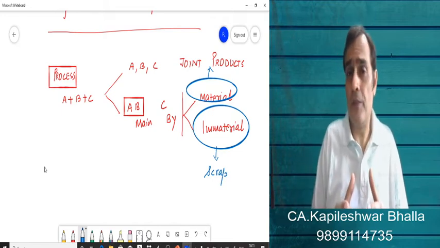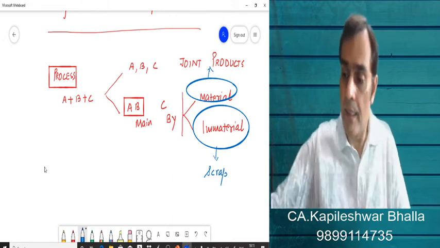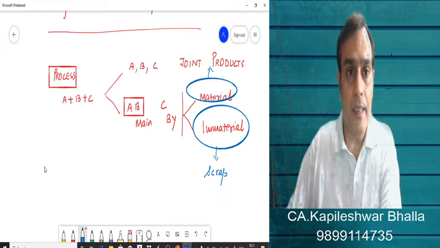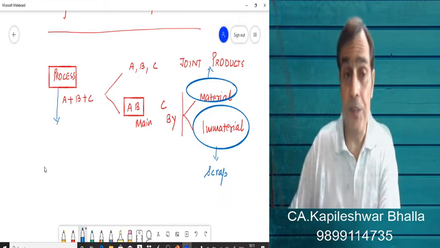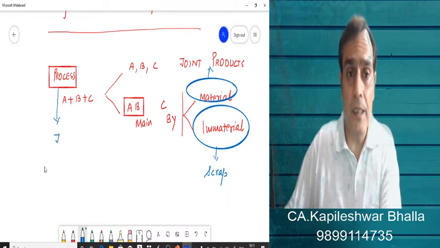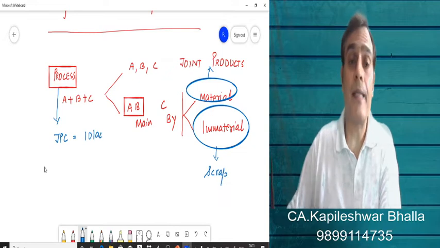Now, let me remind you further what we used to do in cost accounting. In this particular case, let us say the process in which A, B, C are simultaneously processed has a GPC, that is a joint processing cost, let's say to the extent of 10 lakh.